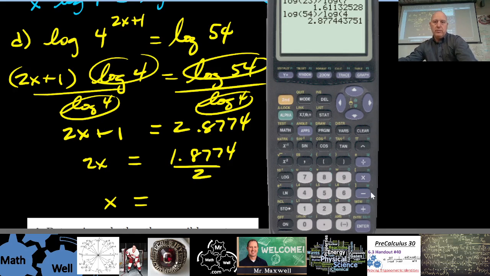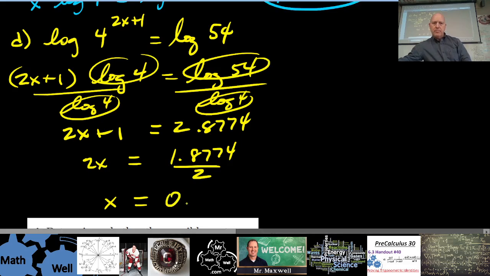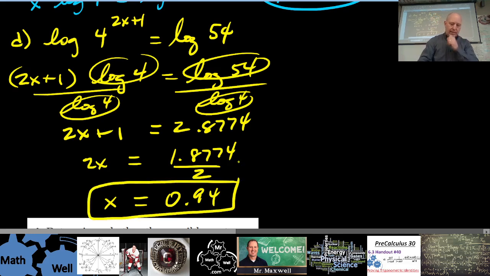So 2.877 minus 1. So is that 0.9387? 0.94. Okay, somebody check that, please.